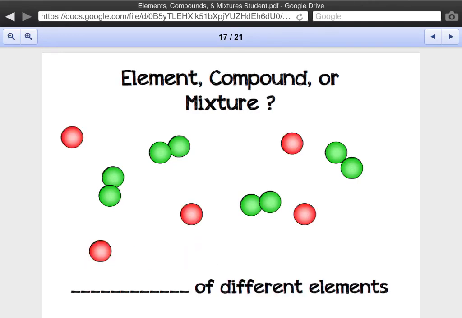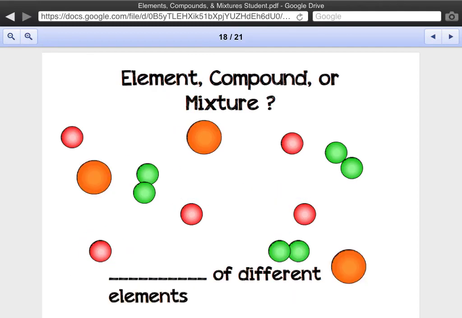Do you think this is an element, a compound, or a mixture? If you said that this was a mixture of different elements, you were correct. You see the different elements, but they are not chemically bonded. You can pick them apart.